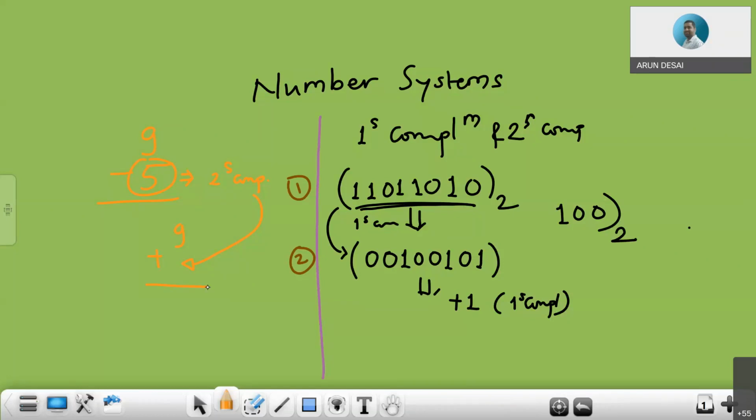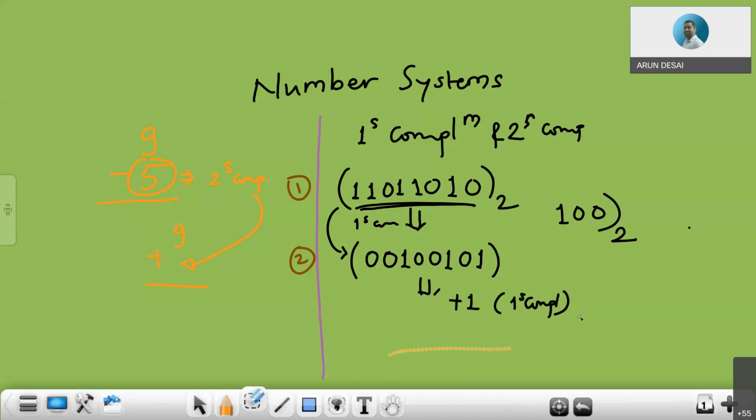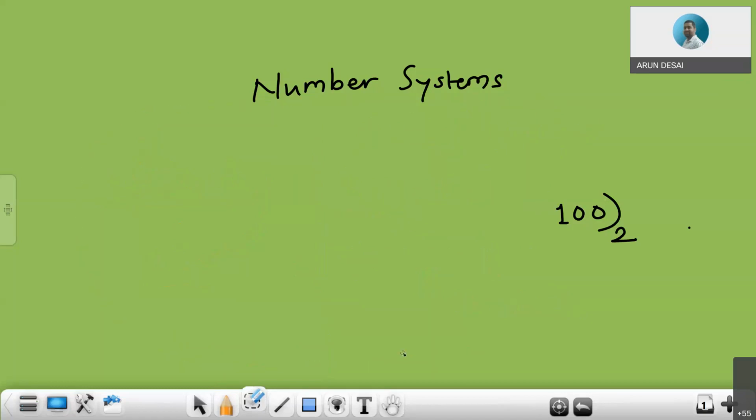Now tell me about a few rules about binary addition and subtraction. Yes, tell me the rules for binary addition, subtraction, multiplication, division. Okay, forget about multiplication and division.